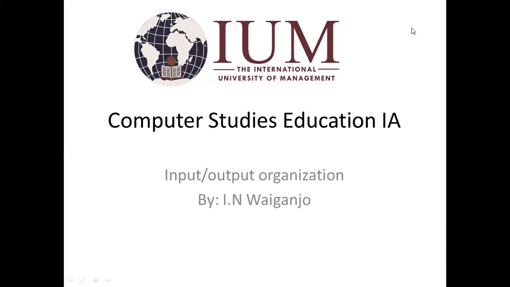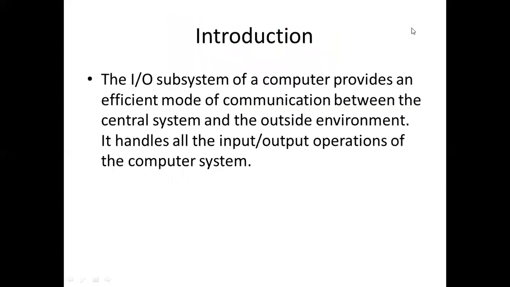So, then, what is now the input-output subsystem or organization? The input and output of a computer provides an efficient mode of communication between the central processing system and the outside environment.